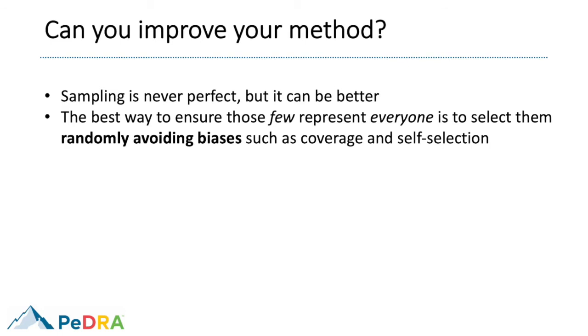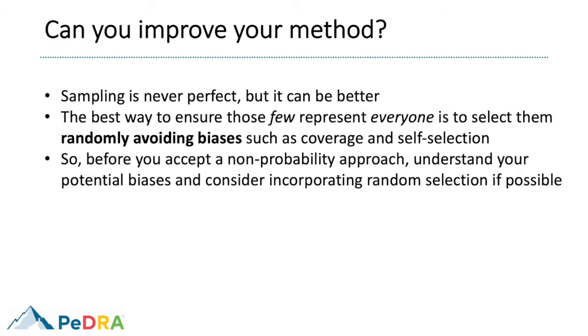So while probability sampling is generally preferred but difficult to do, you can improve your method by moving in that direction. The aim of sampling, after all, is to collect data from a few because you don't have the time, money, or need to collect data from everyone of interest. And the best way to do this is by selecting your sample randomly.